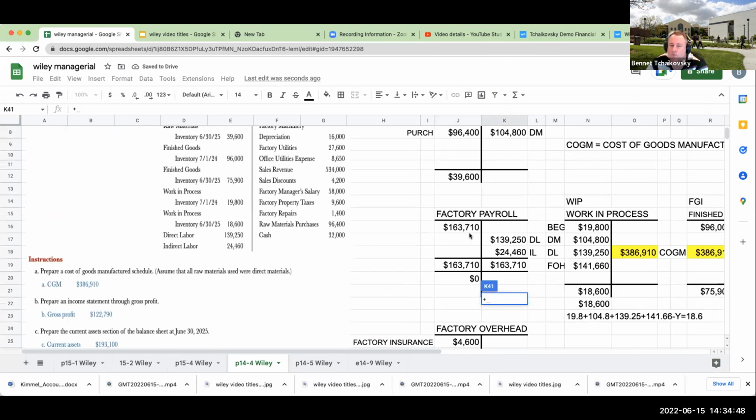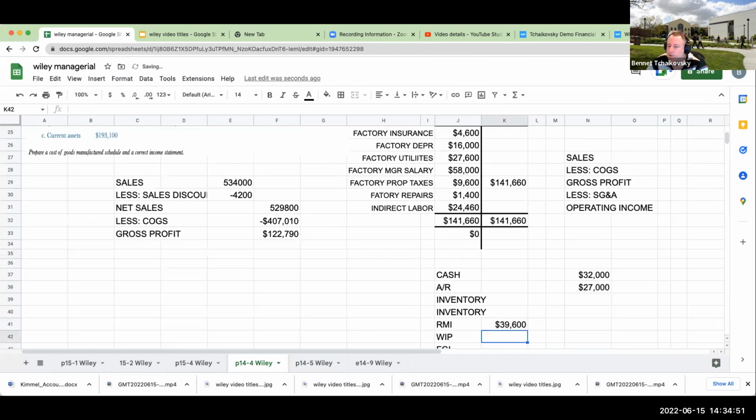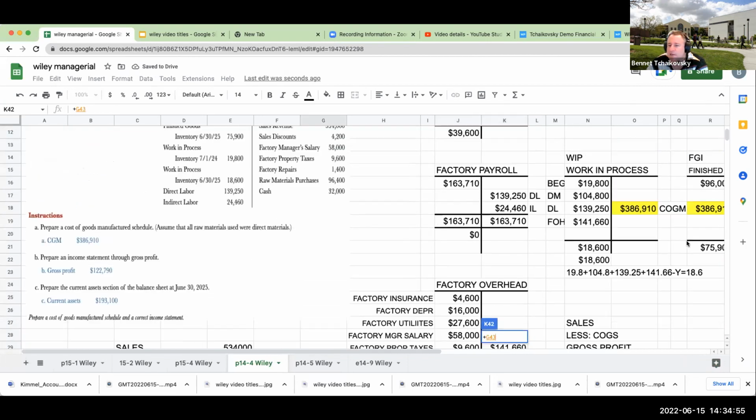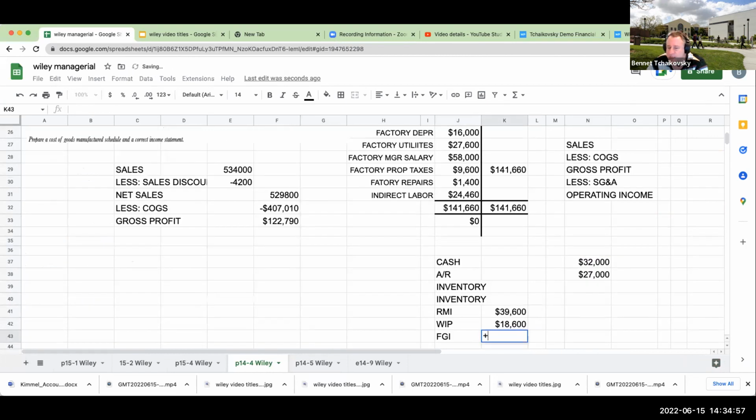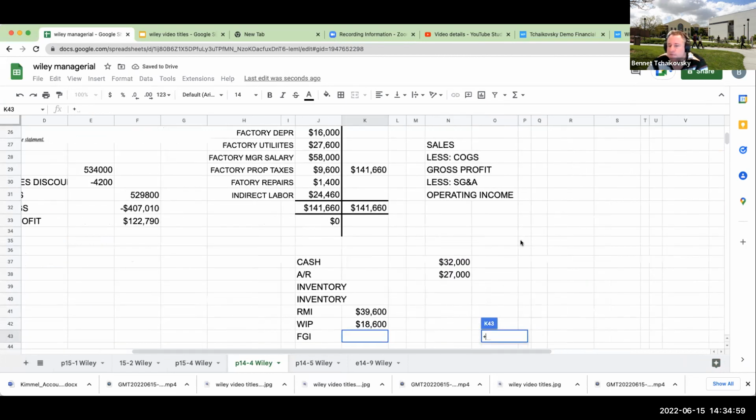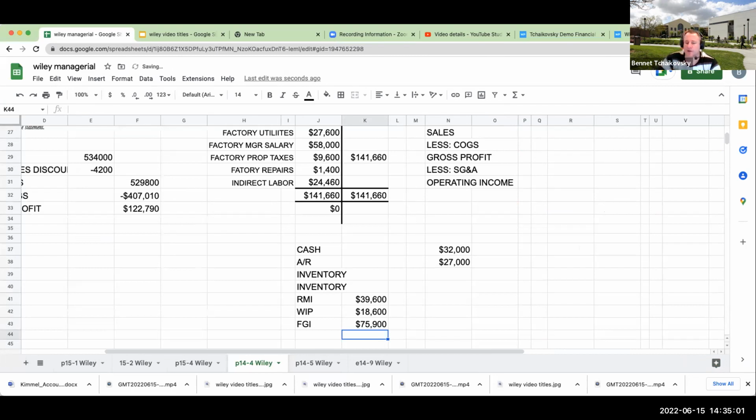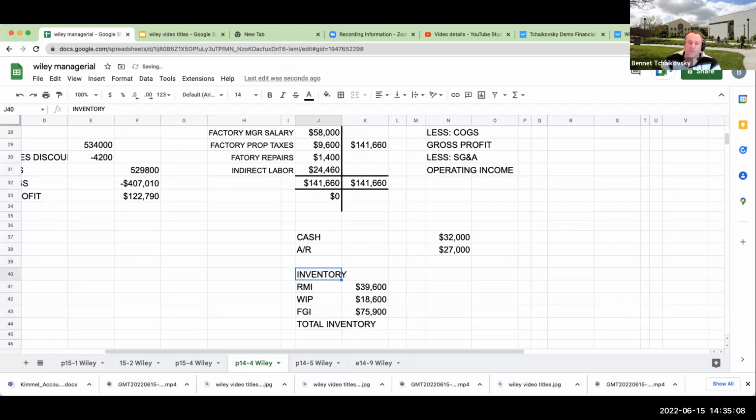My ending raw materials is 39,600. My ending work in process was 18,600. My ending finished goods was 75,900. So my total inventory, again, inventory is a current asset, is going to be 134,100.